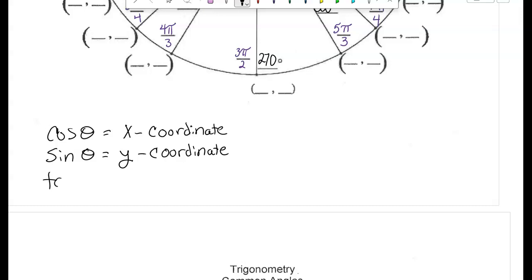And tangent theta is found by going y over x, or aka sine theta over cosine theta. Guys, what we're trying to do is not to use our calculator to solve for sine, cosine, and tangent. We're going to be able to come up with exact values based off of what we have.